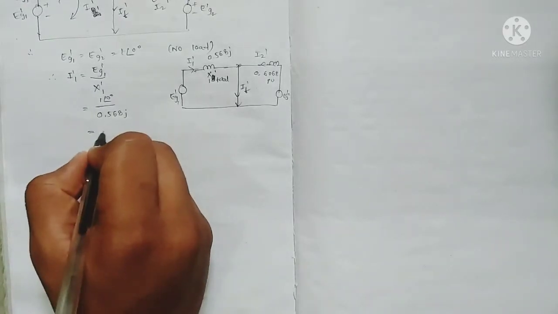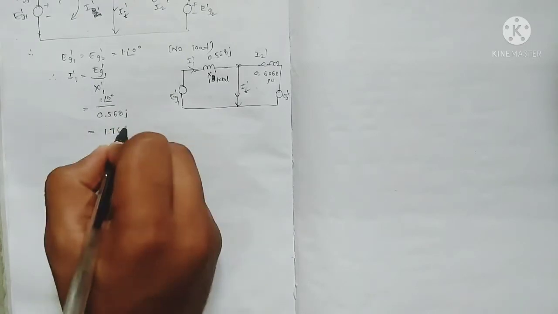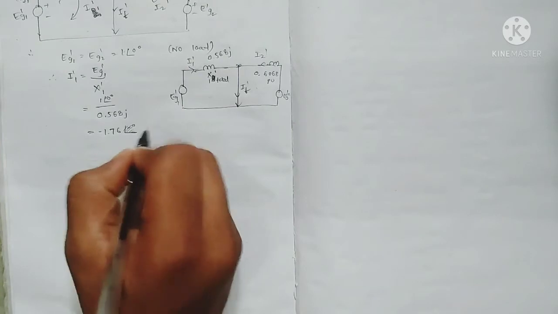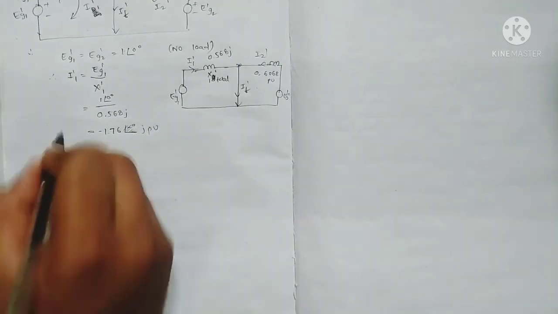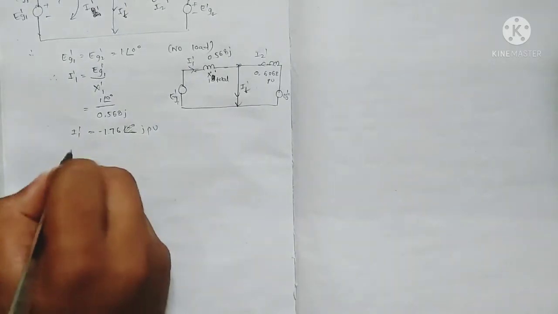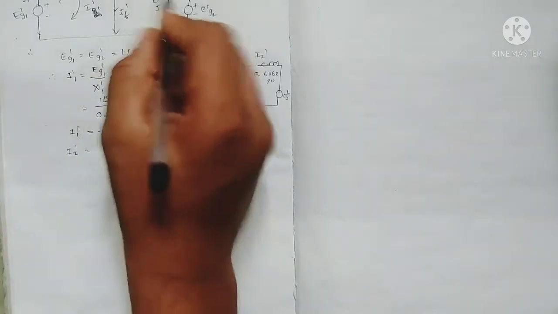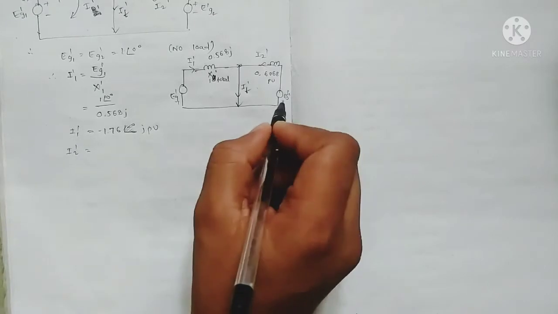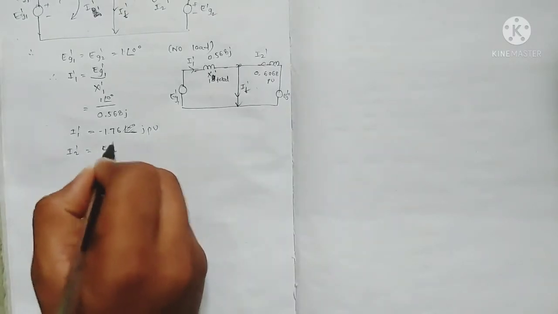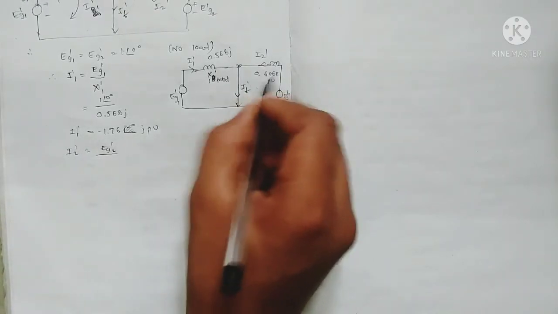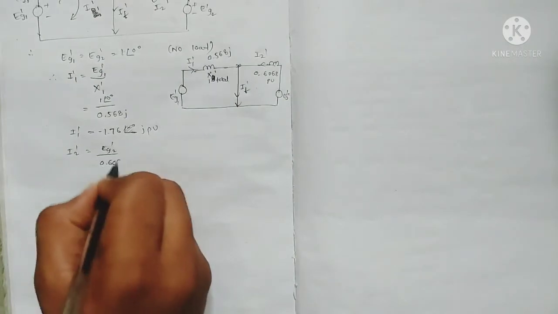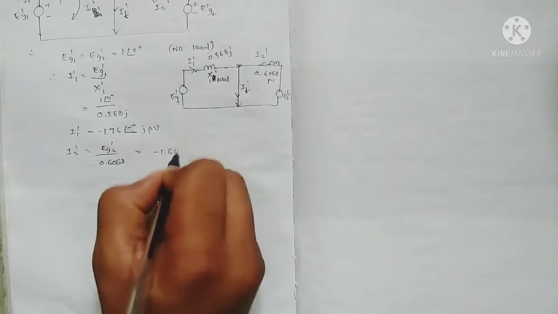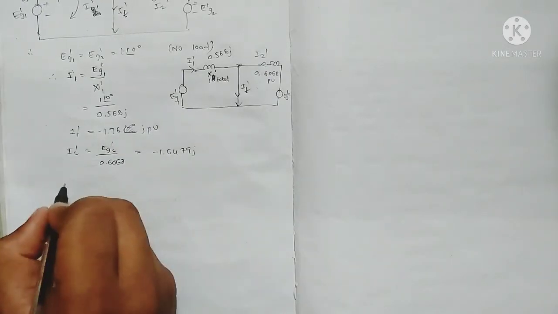We get I1 as 1.6 angle of minus J pu. Similarly, the I2 current in this circuit is Eg2 dash divided by X2 dash, that is divided by 0.068, which gives 1.649 J.